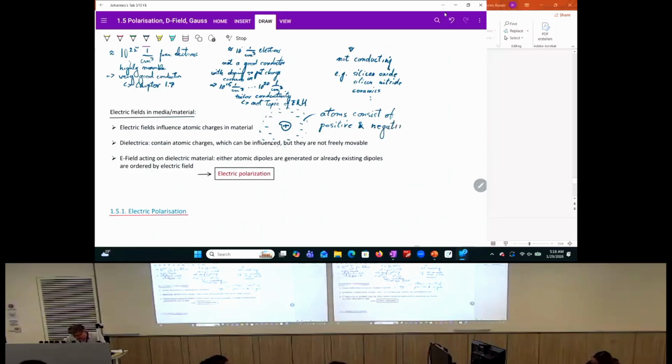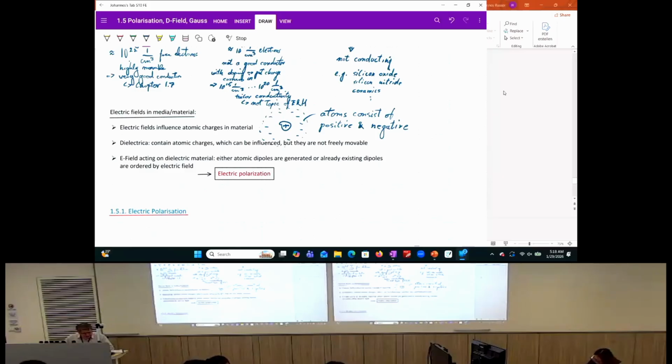But what can still happen is that if you have this cloud of electrons here, it can be slightly pushed to one side, leaving that whole atom a bit unbalanced in the sense that it has a dipole moment after that. And that is what you consider an electric polarization.